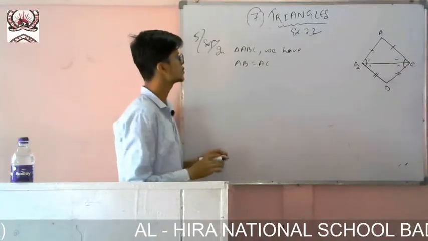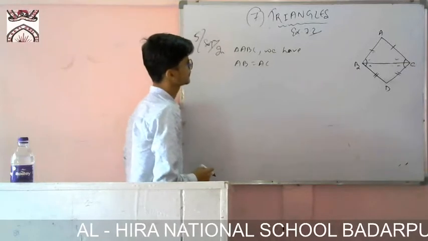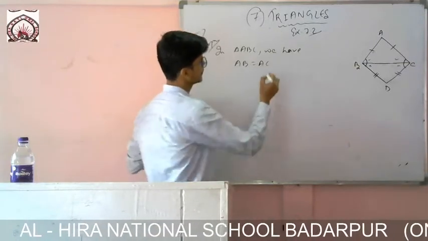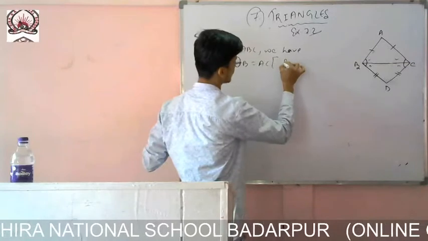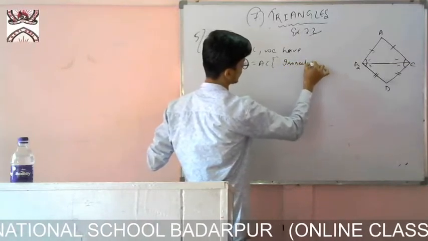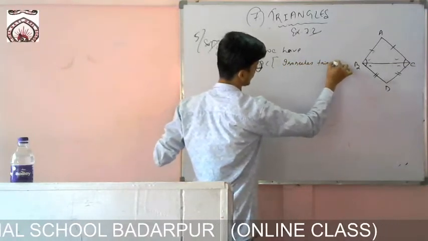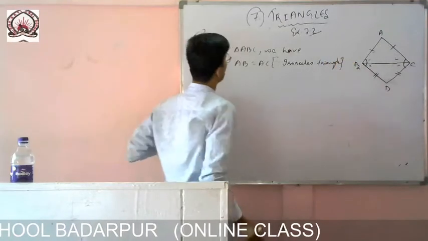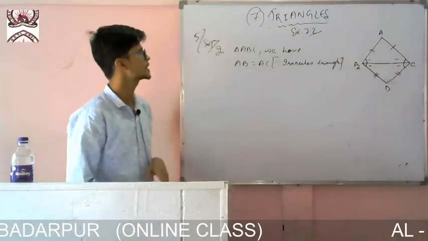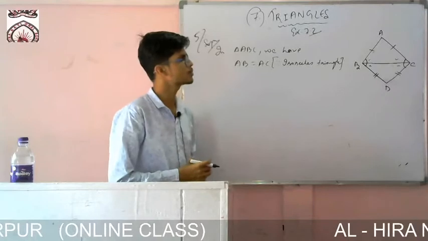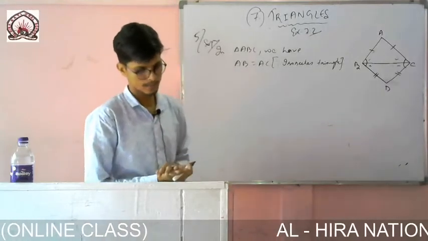AB is equal to AC. Okay, you write here: since it is an isosceles triangle, in triangle ABC we have AB is equal to AC, and the reason is since isosceles triangle.